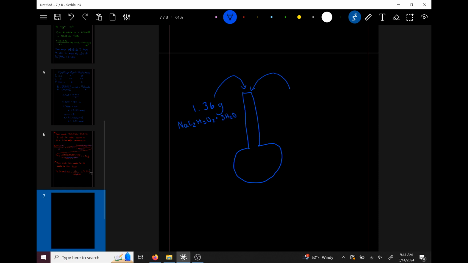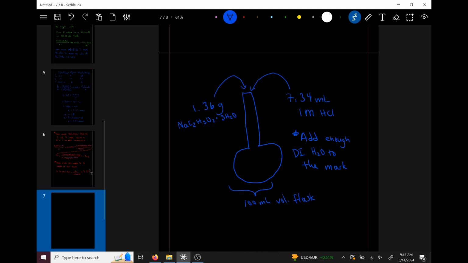And then I'm also going to add 7.34 milliliters of 1 molar HCl. And then add enough DI water to the mark. This is just a 100 milliliter volumetric flask.